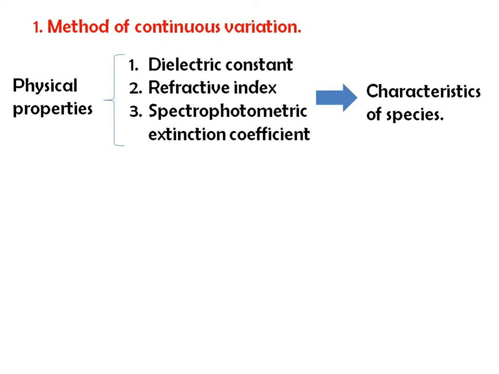It means that if more complexation is there, the stoichiometric ratio will be greater and there will be more change in the physicochemical properties. Now in this method, the total molar concentration of the metal ion and ligand you have to keep constant, but their mole fraction is required to vary.